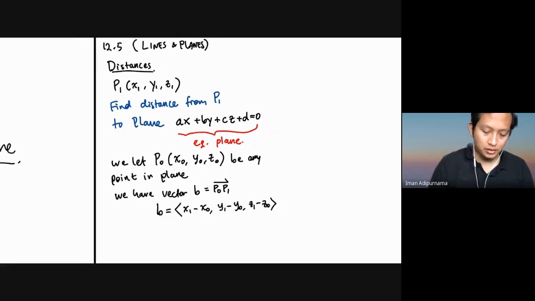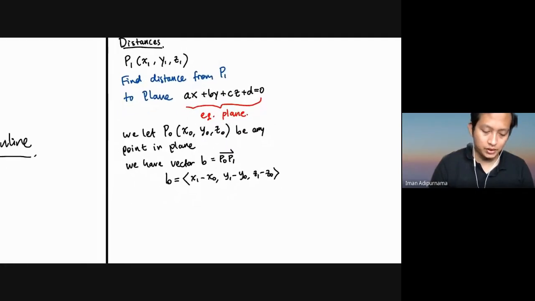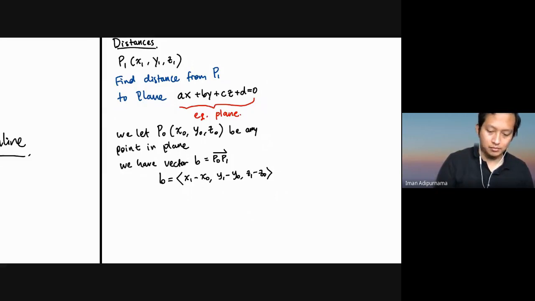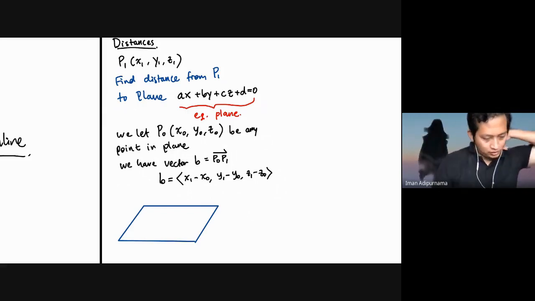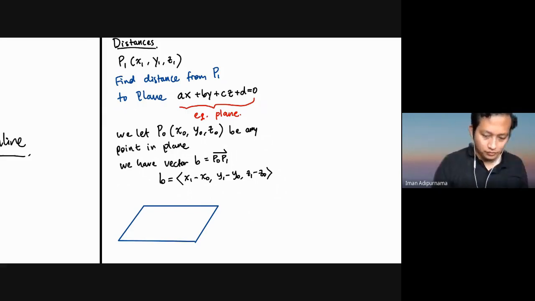Okay, to make it maybe clearer in visuals, let me help you with some picture. Let's say this is the plane. Okay. And we have P0 maybe here, or maybe here. So P0, let's say this is the line for B is maybe here. Okay.